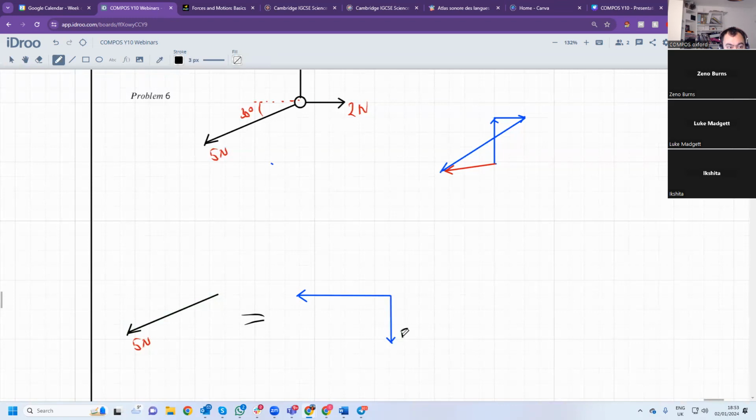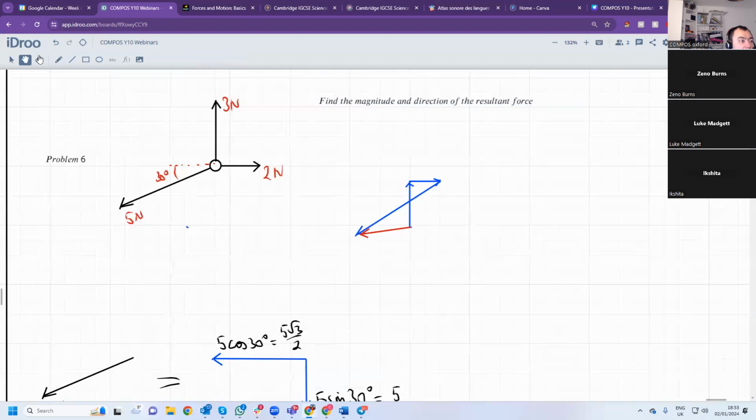And this is going to be 5 sine 30 degrees, and this is going to be 5 cos 30 degrees. And we know that sine 30 is 1/2, so it's going to be 2.5. And cos 30 is square root of 3 over 2, so it's 5 root 3 over 2. Okay, let's keep it 5 over 2.